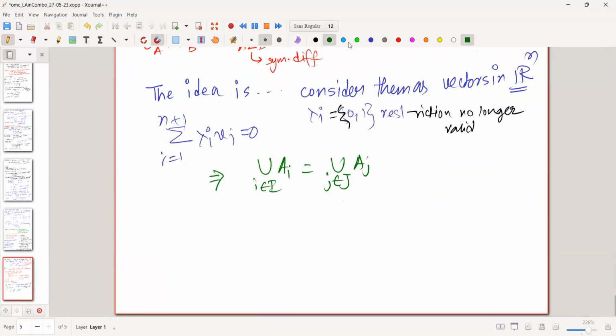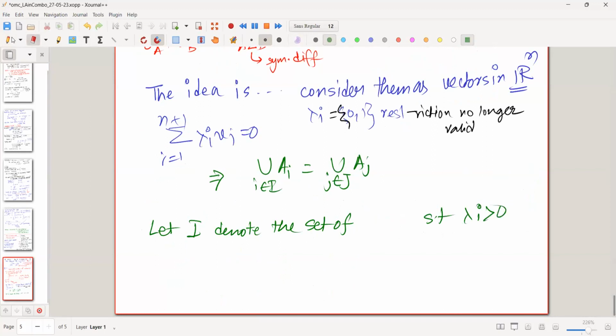So the idea is this. Let I denote the set of i's such that lambda_i is greater than 0, and let J denote the set of j's such that lambda_j is less than 0.